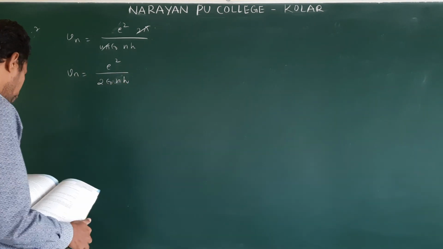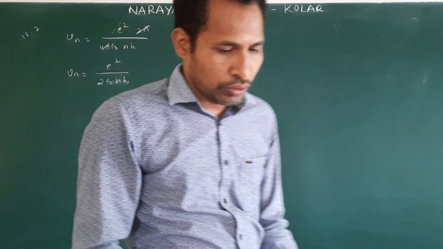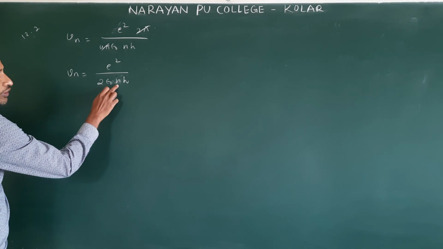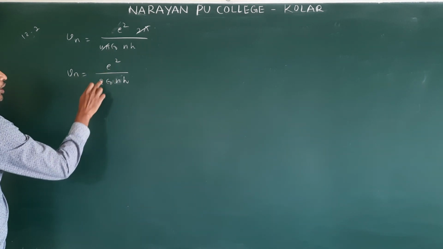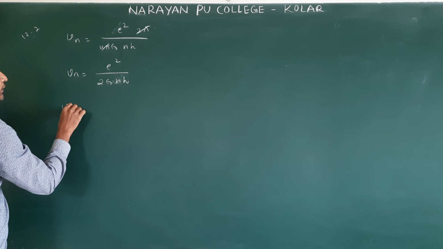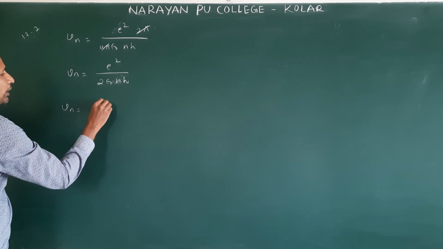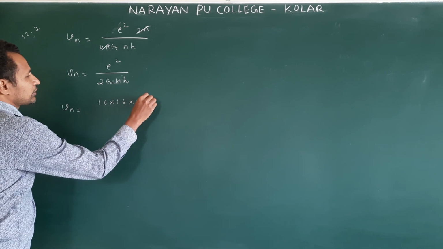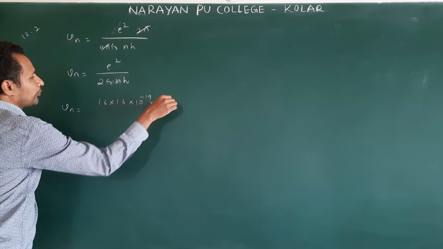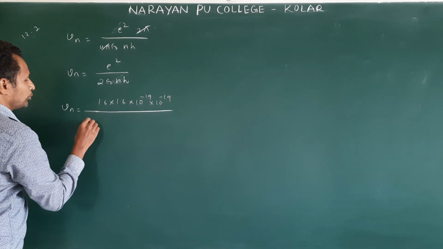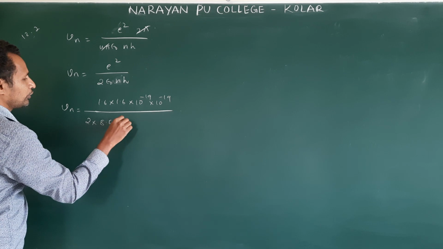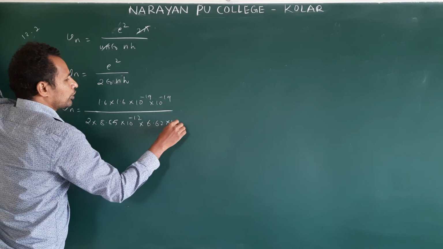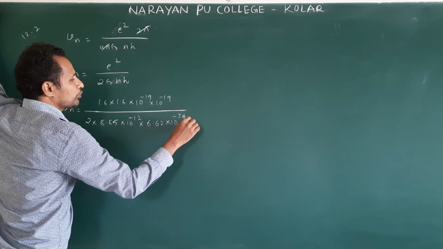So now first we will find this value without n. We will substitute all values except n. So Vn is equal to, e value is 1.6 into 1.6 into 10 power minus 19 into 10 power minus 19 by 2 into 8.85 into 10 power minus 12 into h value 6.62 into 10 power minus 34 into n.